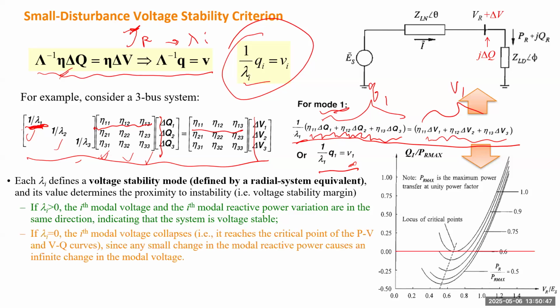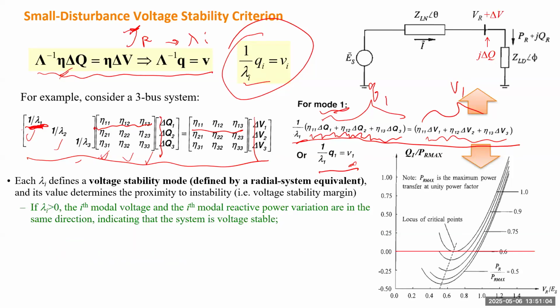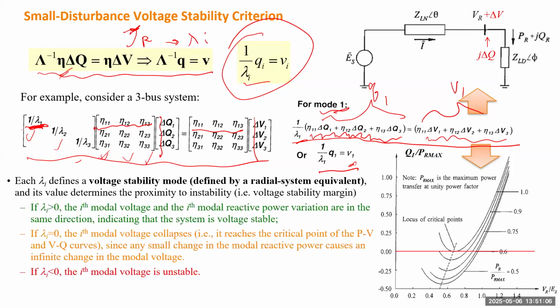But when lambda becomes 0 and you still try to increase the voltage by increasing the reactive power, that may not succeed. And if it becomes negative, that will fail. That will make the voltage even worse. The negative lambda means the margin has become negative.